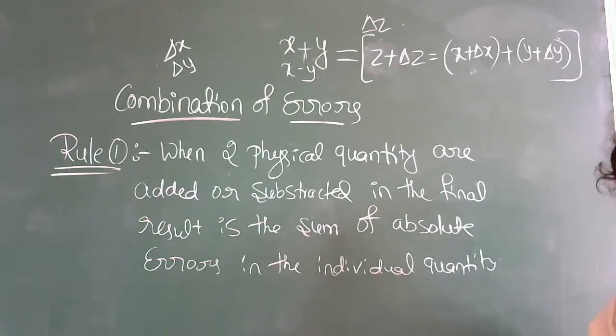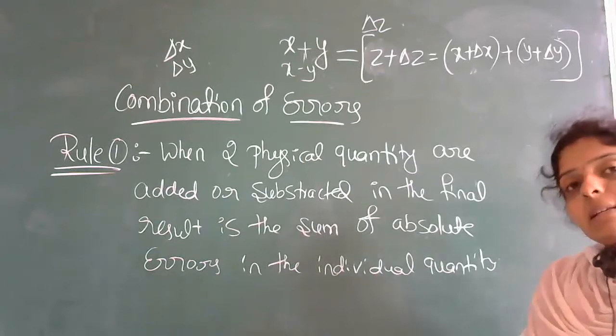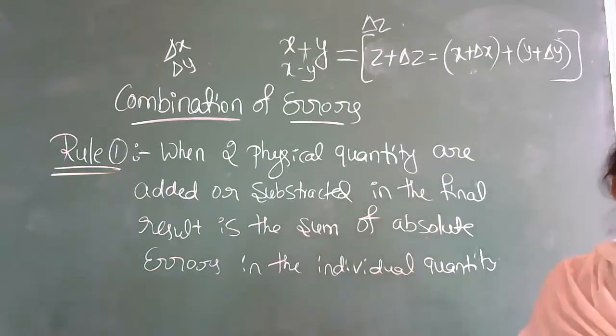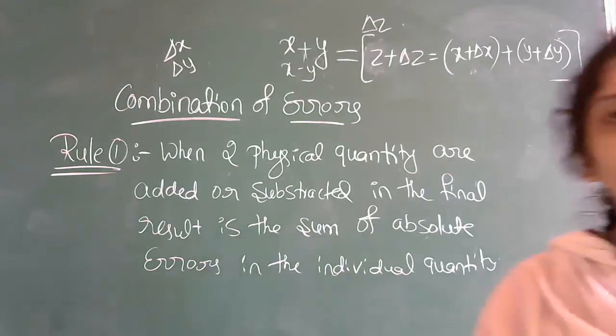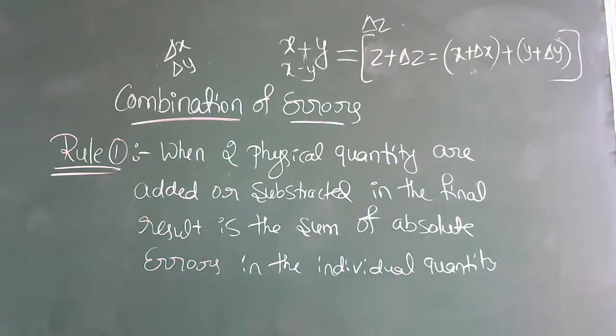Is it clear, everyone? Don't worry much about it. Just see how you are going to express the combination of errors. You will not get any sum based on this, but for your understanding, you can solve some examples. Shall I take one example and explain to you?